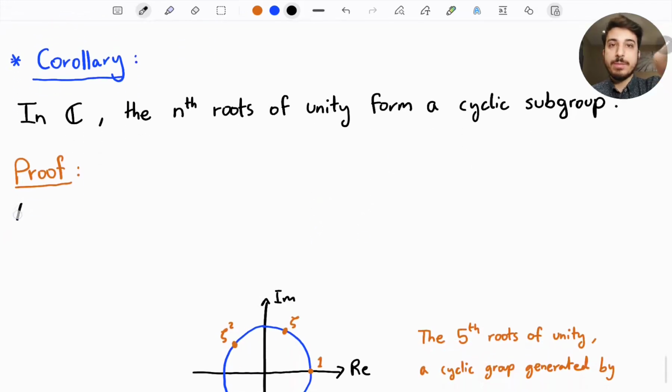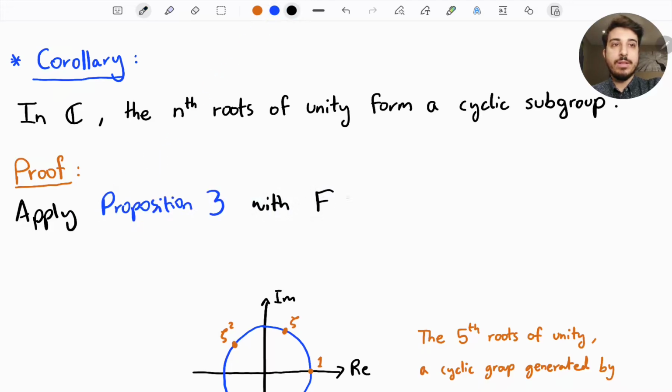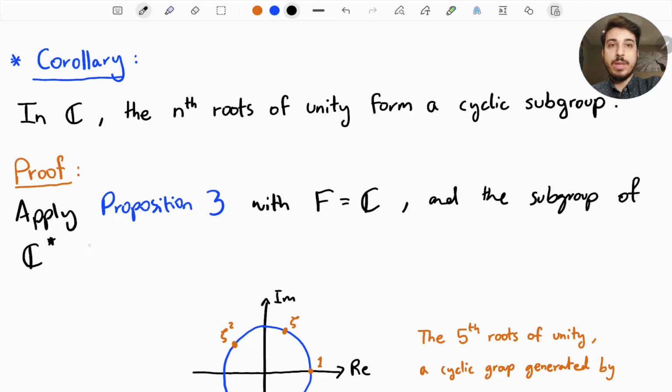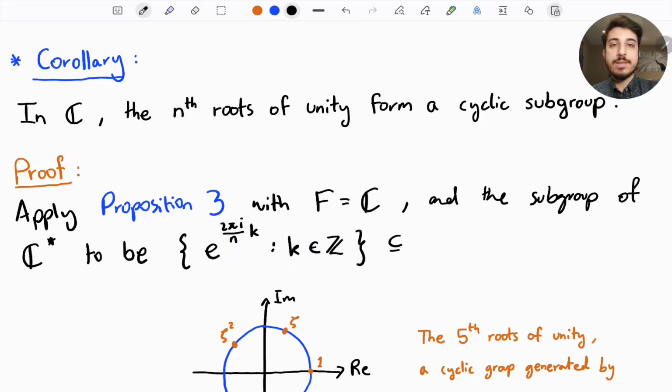For the proof, we simply apply proposition 3 with the field F equal to the field of complex numbers, and the subgroup of the multiplicative group C star to be the nth roots of unity, so e to the power 2 pi i over n times k for all integers k. This is a subgroup of the multiplicative group C star. And that's it. That is the proof of this corollary.